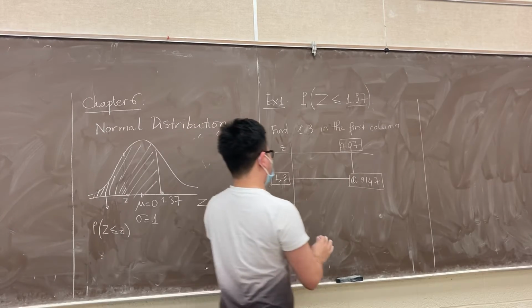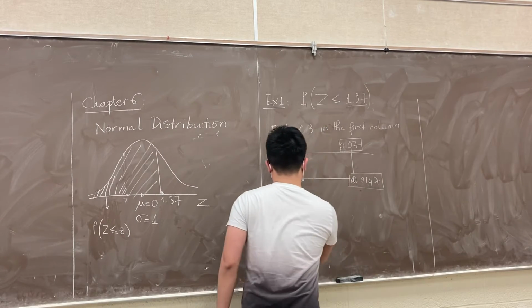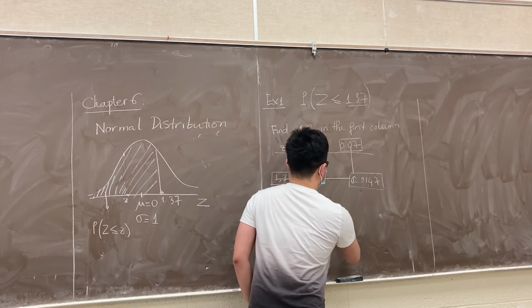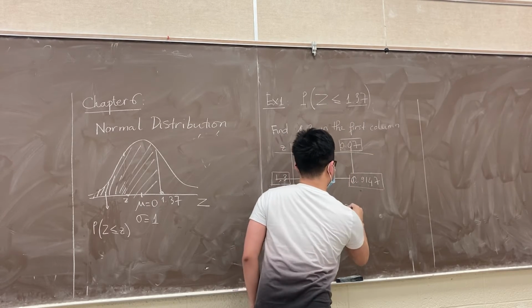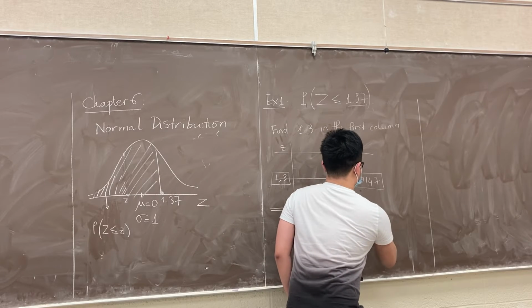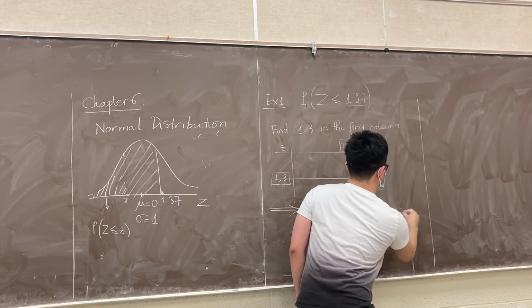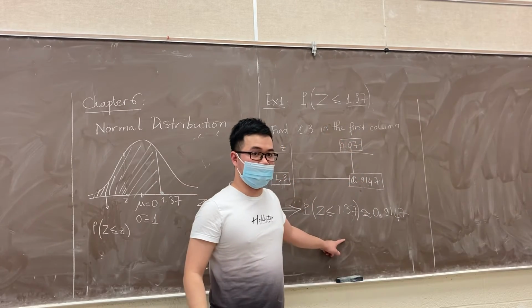When you look at this value, you can imply that the probability of Z less than 1.37 is approximately equal to this value. Is it clear, guys?